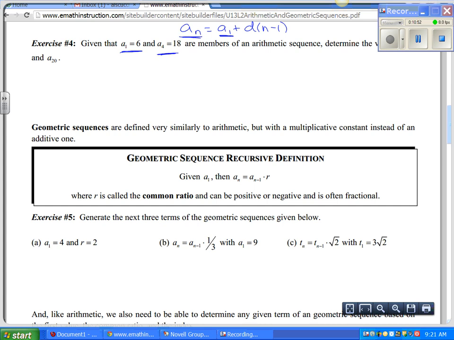Okay, so I've got 18 equals 6 plus d, that's what I'm looking for. What's n? Think about it. We used a sub 4. What's n? 4. So 4 minus 1. Okay, this is going to come up a lot. All right, find me d.